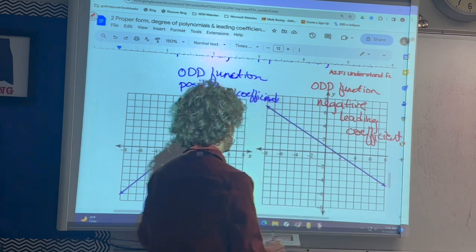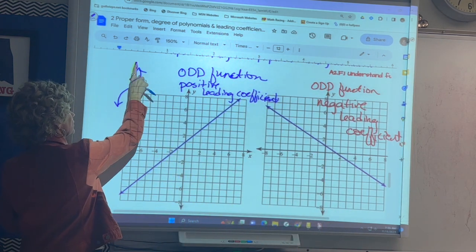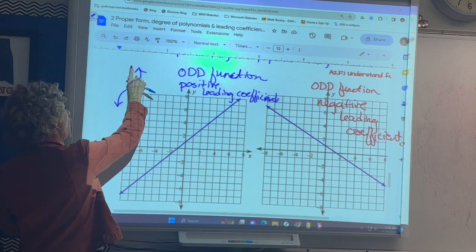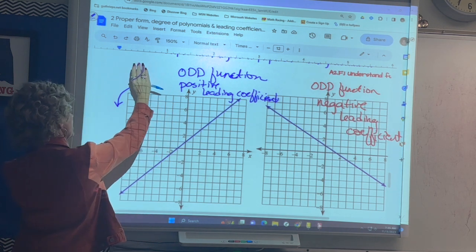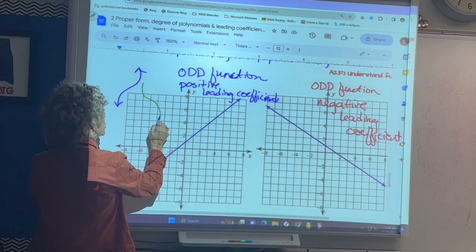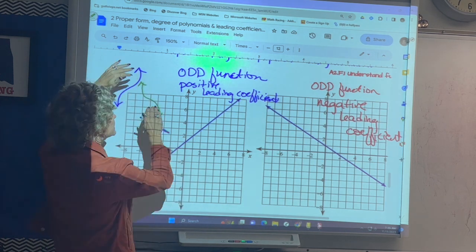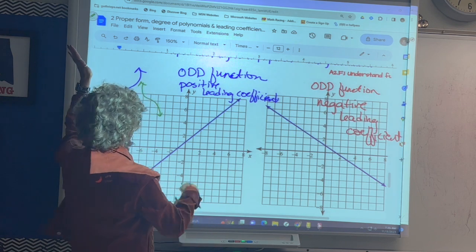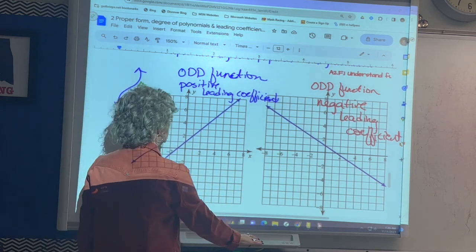The cubic, okay, ends are going separate, odd function, the right end's going up, the left end's going down, with a leading coefficient that is positive. Then we have the cubic function here. Again, you don't have to say it's cubic, it's an odd function. The left is going up, the right is going down, so that has a negative leading coefficient.